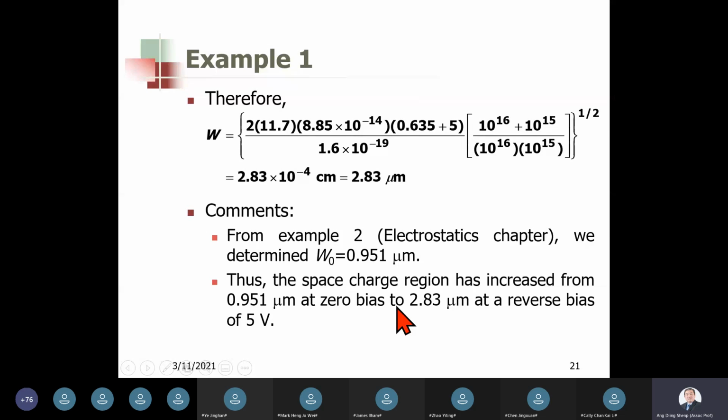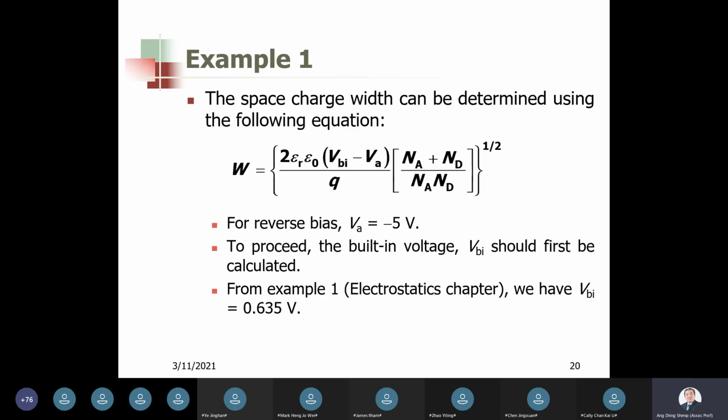So how do we calculate the space charge width at 15 volts? You can do the same exercise over again, but you should actually realize something. In this equation, W is proportional to the square root of VBI minus VA. The rest are constant terms, right?